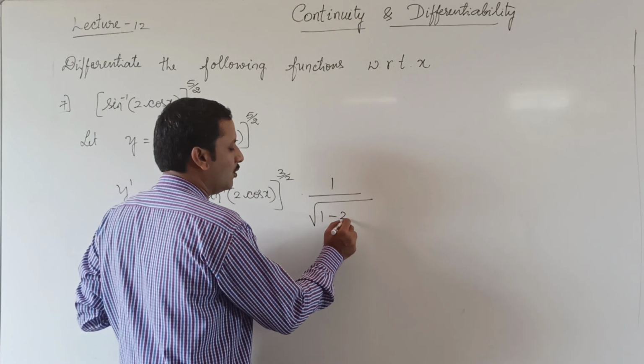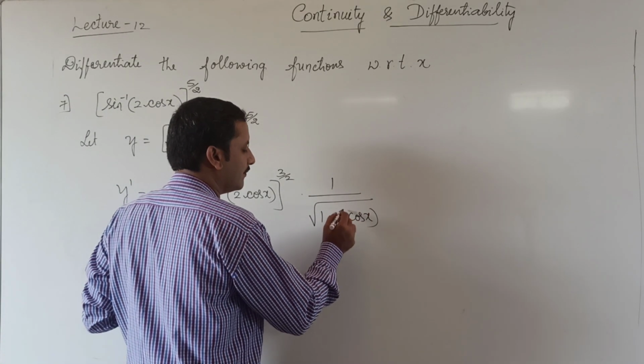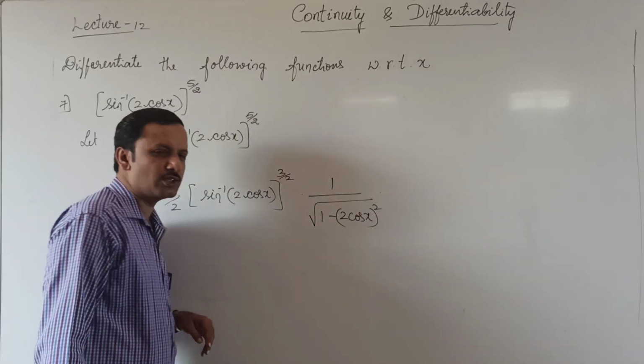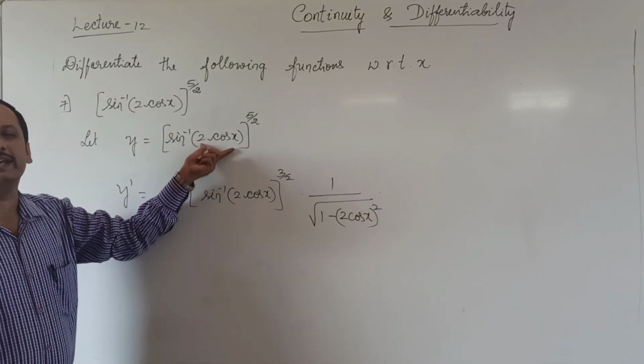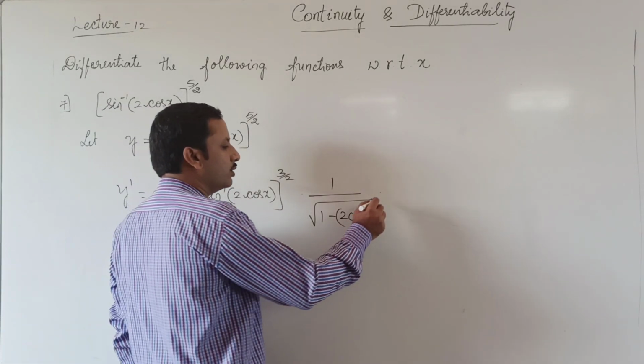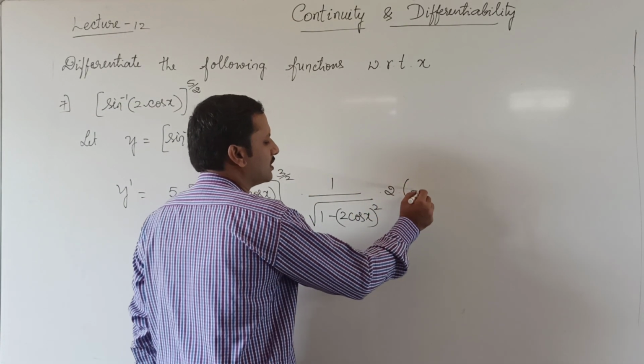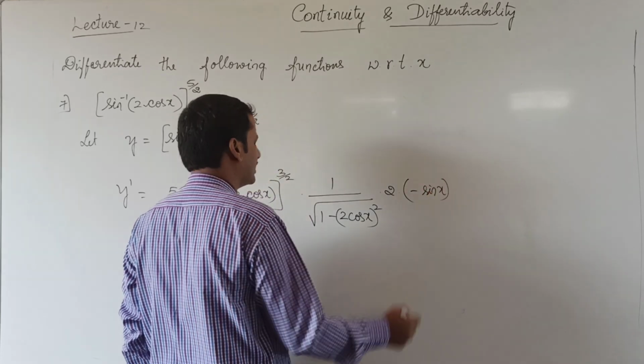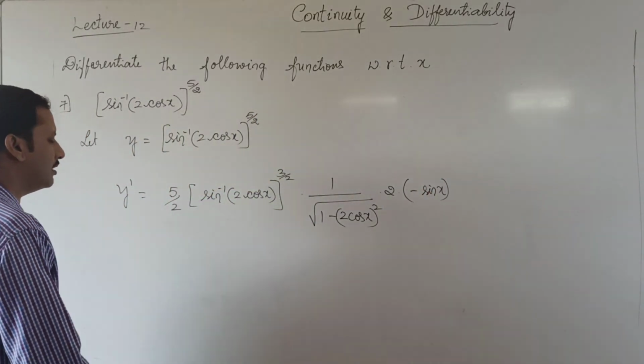In place of x we have (2 cos x) whole square, into, it's not over yet, into the derivative of 2 cos x. The 2 will remain as it is. The derivative of cos x is minus sin x. Okay, this 2 and that 2 will cancel.